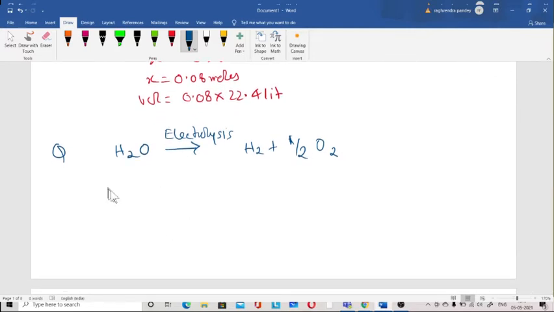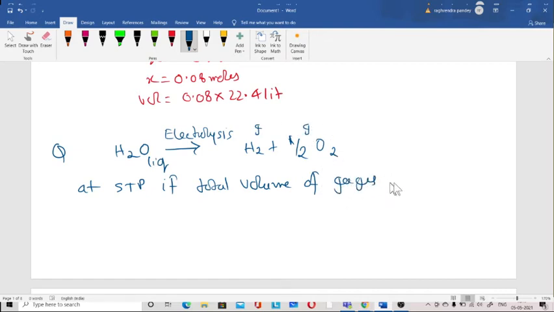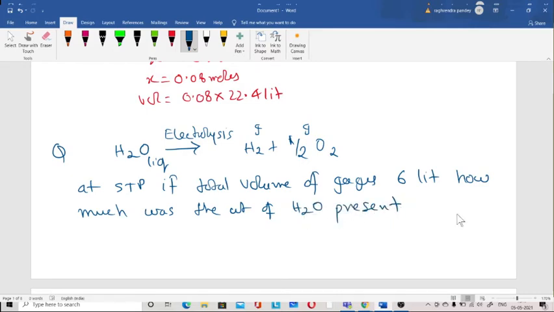At STP, if the total volume of gases is 6 liter, H2O is liquid and this is gas, how much was the weight of water present? So you have to find the weight of water.